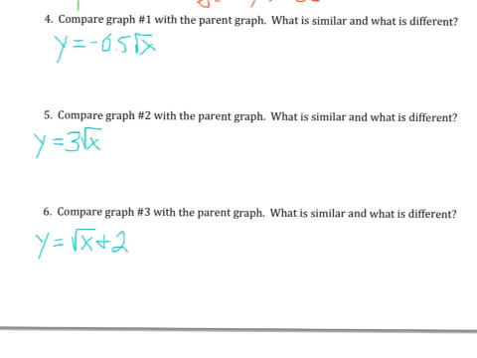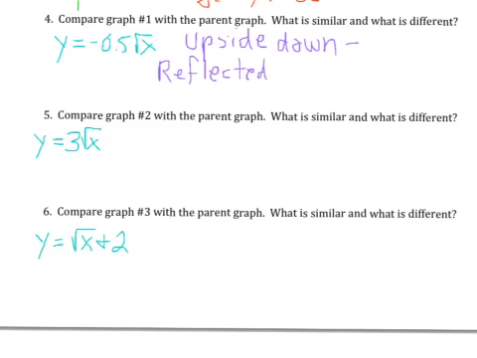Hopefully you wrote something like this. For y equals negative 0.5 times the square root of x, our graph was upside down. Or what we say is reflected over the x-axis. And it also shrank.